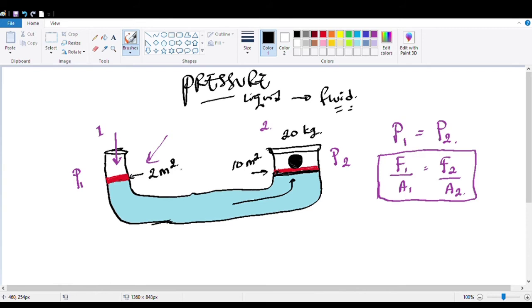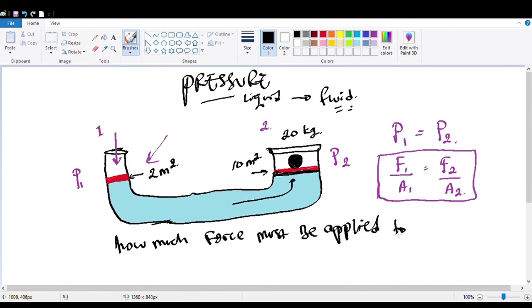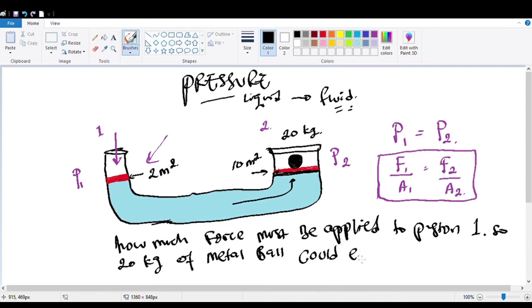So the question is, how much force must be applied to piston 1 so that the 20 kilogram metal ball could elevate?